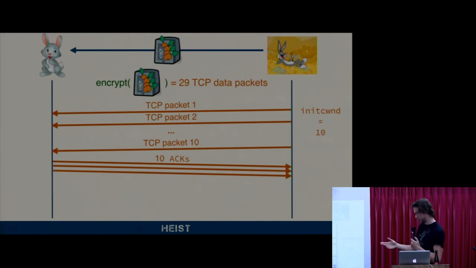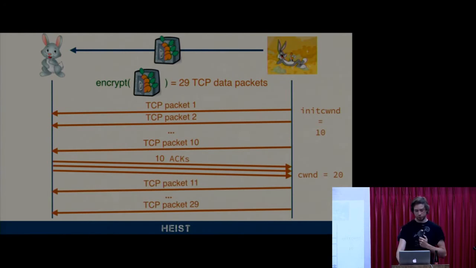So he sends 10 acknowledgements. And then for every TCP packet that was acknowledged, the congestion window grows by 1. So then the congestion window becomes 20. So now Bunnybank can send 20 TCP packets without them being acknowledged. But since it's already sent 10, it only needs to send 19 more. So it just sends everything to Mr. Sniffles.